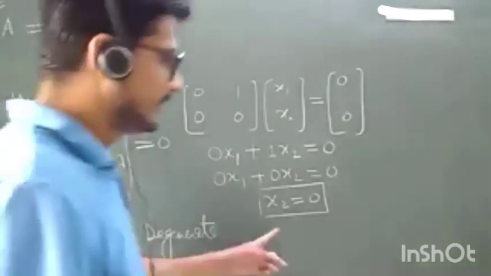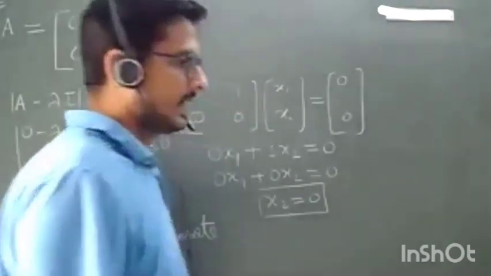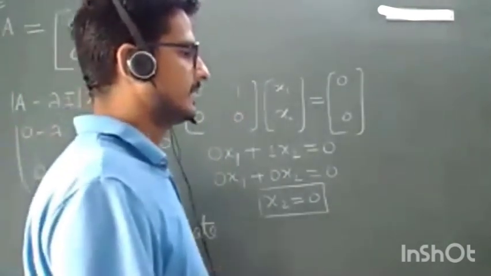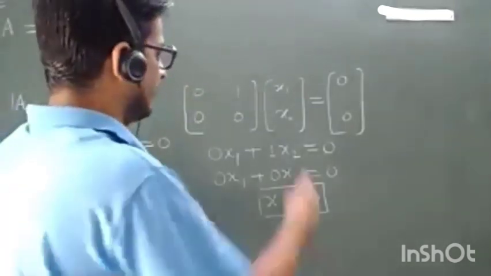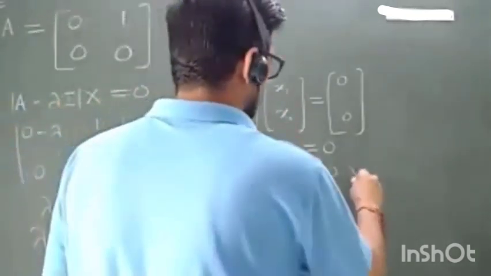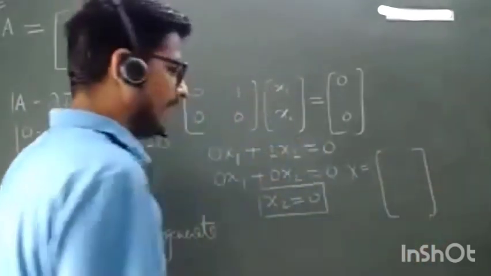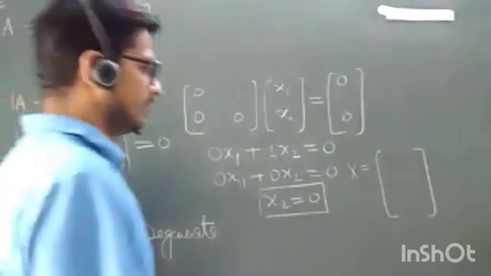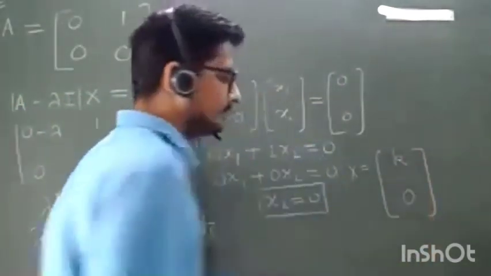And if x2 is 0, can anybody tell me what the vector will be? My vector x is x1, x2, so x1, comma 0. So x1 is arbitrary, so k comma 0.